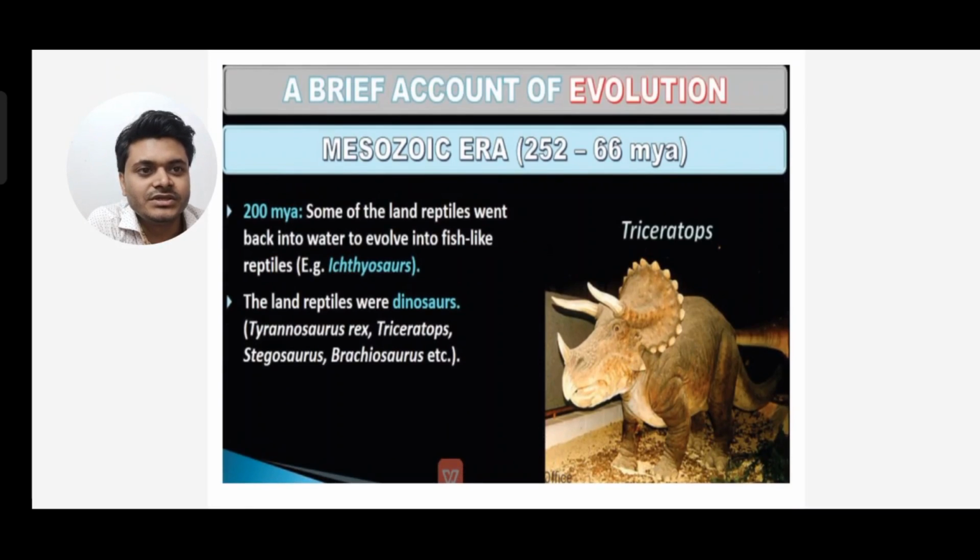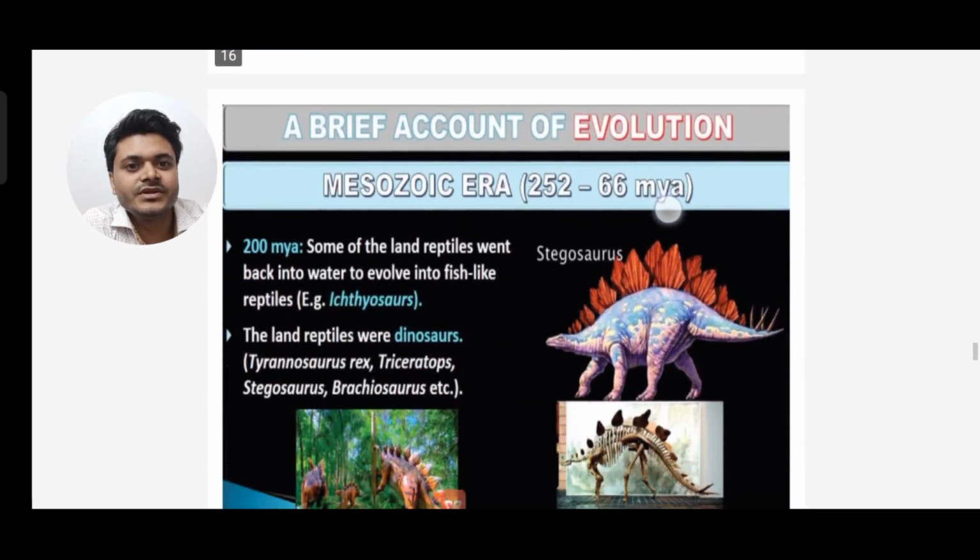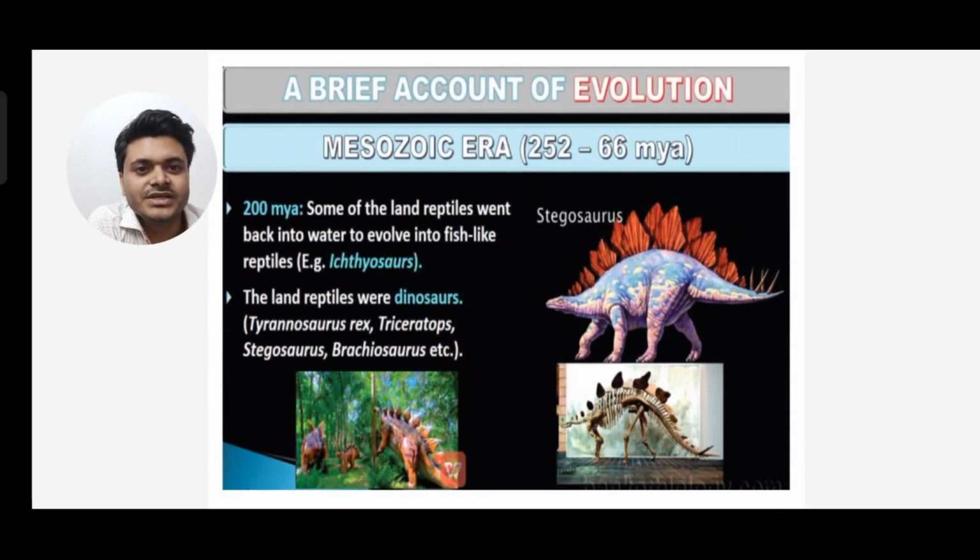This is called Triceratops. You can see so many species of dinosaurs were there.